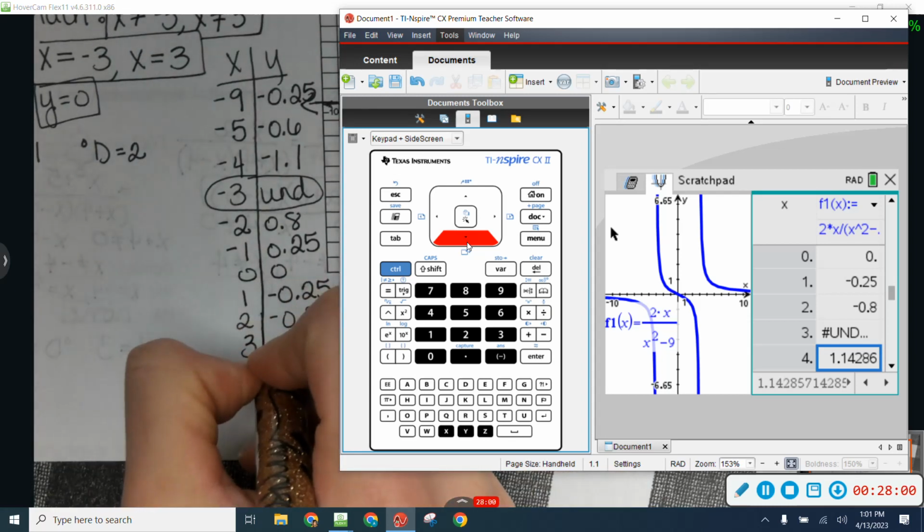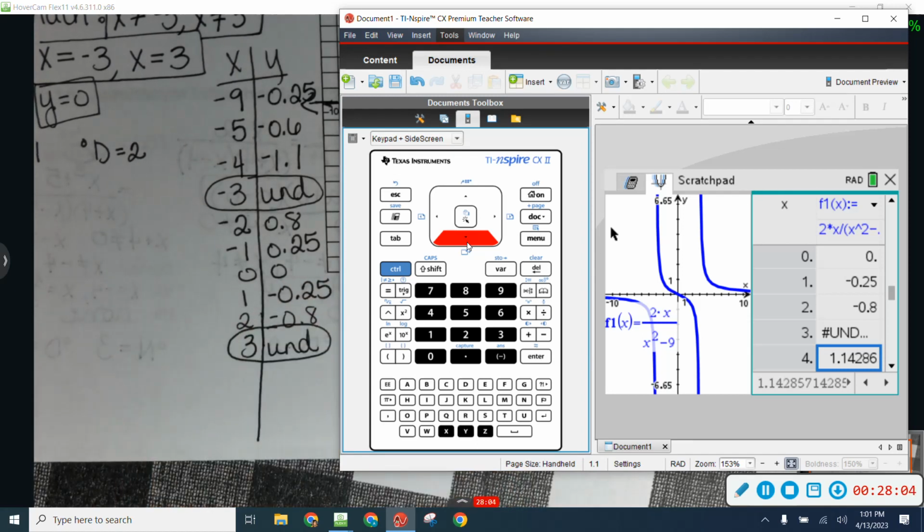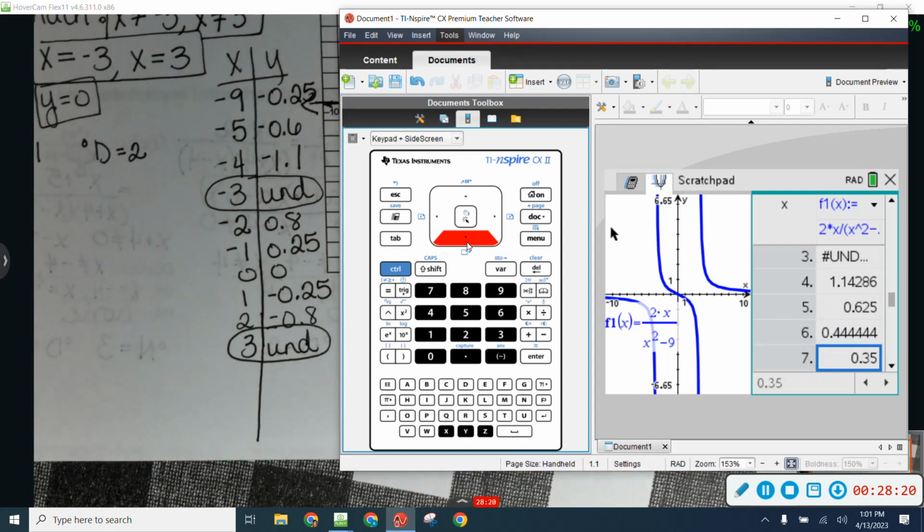Then 3 is undefined. So if you get specific vertical asymptotes and that's not undefined in your table, then you need to look back at how you factored. Seeing that it's undefined for these x values is kind of like a self-check that you can do to make sure you got those right.